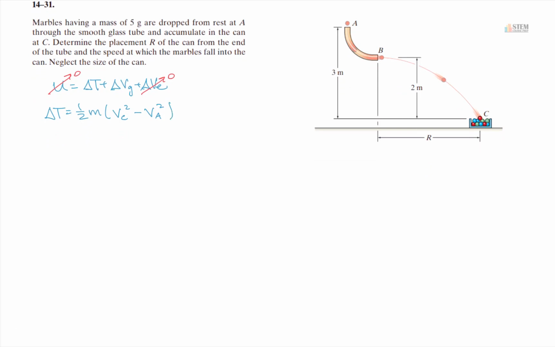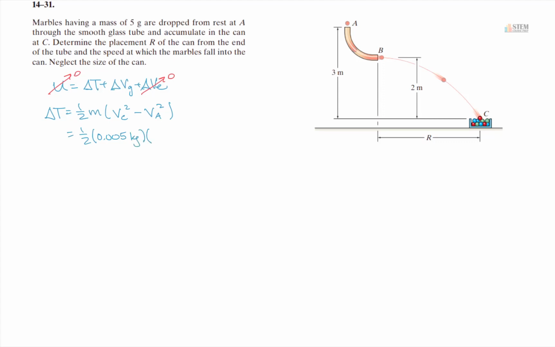Well, we're going to have 1/2. The mass is 5 grams. I want it in kilograms, so we're going to divide that by 1,000, which gives us 0.005 kilograms.